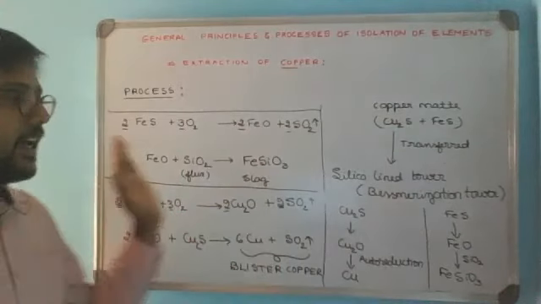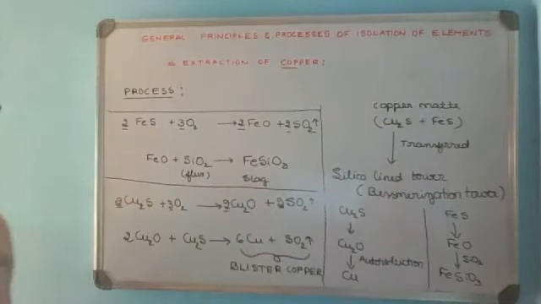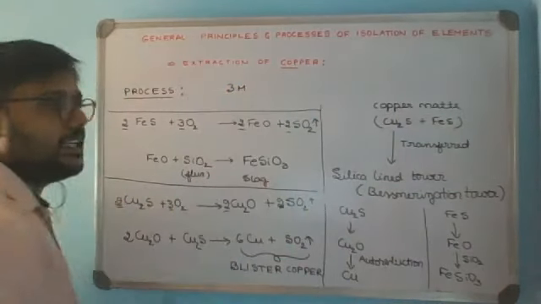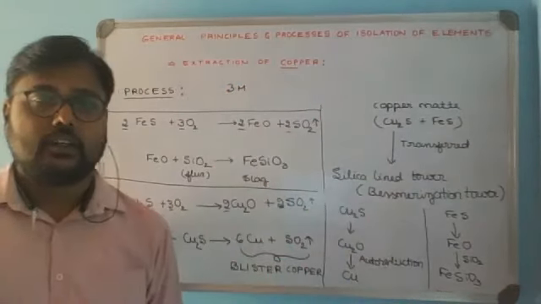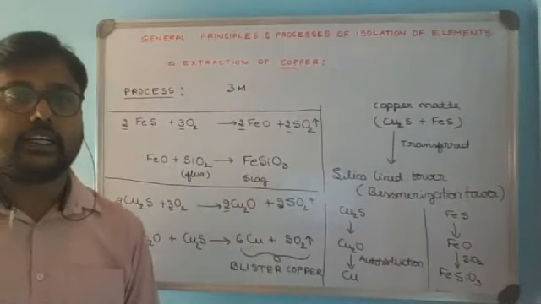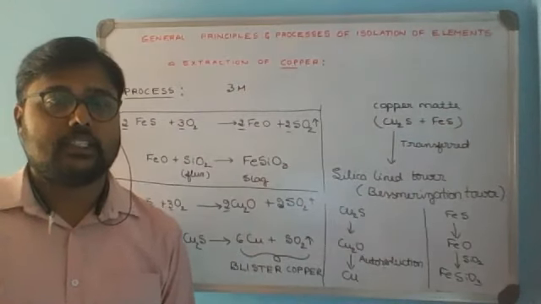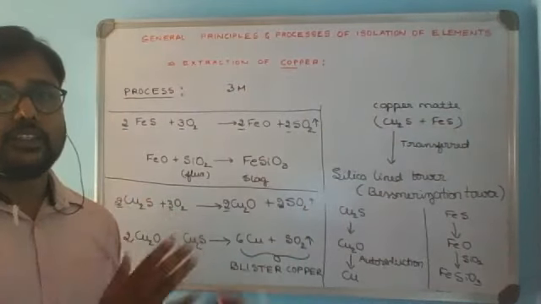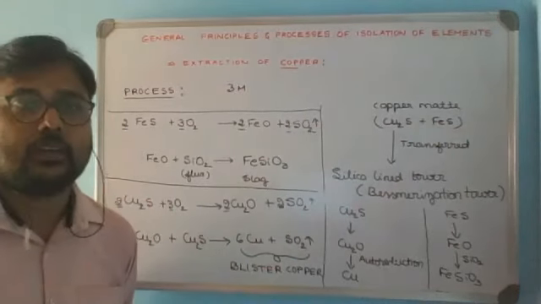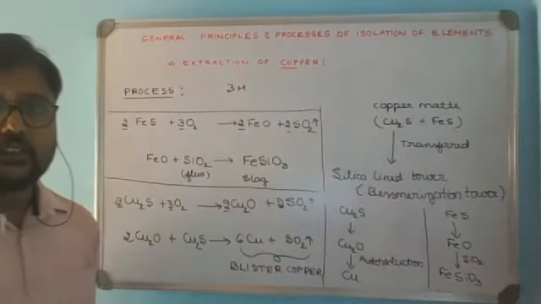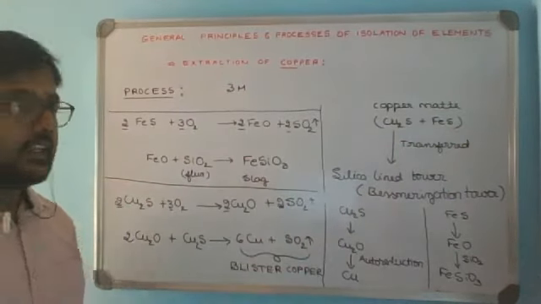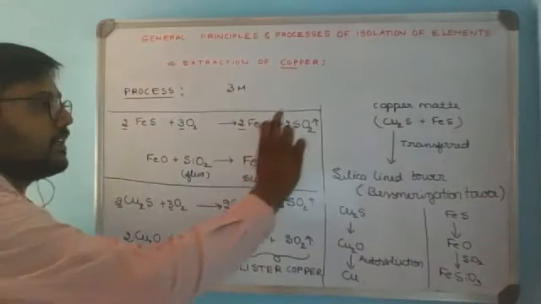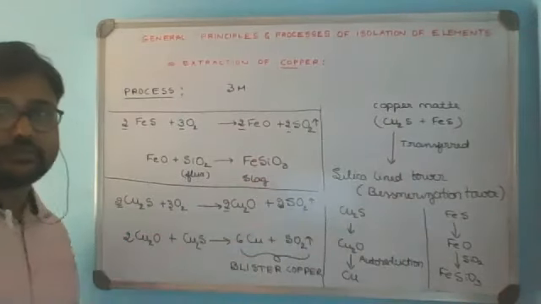So this is the actual process you need to remember if the question asks, for 3 marks, to explain the extraction of copper. This is repeated many times. If you go through the previous year question bank which was forwarded to you, you can come to know the significance of the topic. Hope the complete extraction is clear. Give importance to the balanced equations. Before the balanced equation, understand the concept clearly.